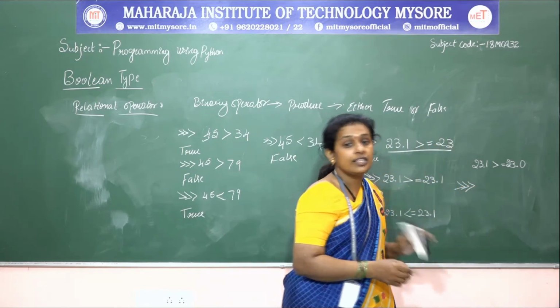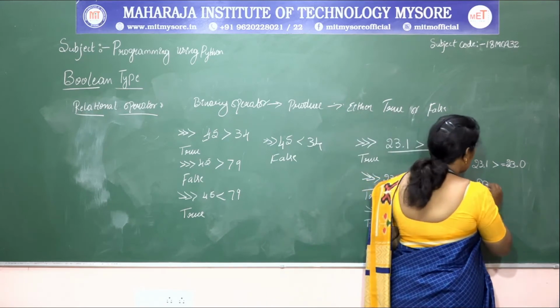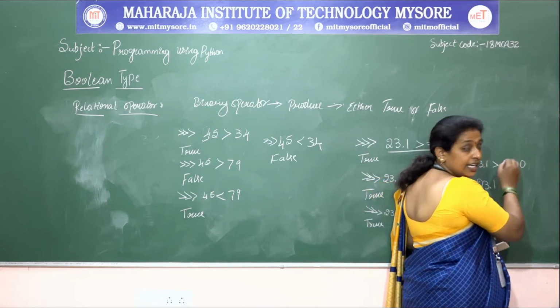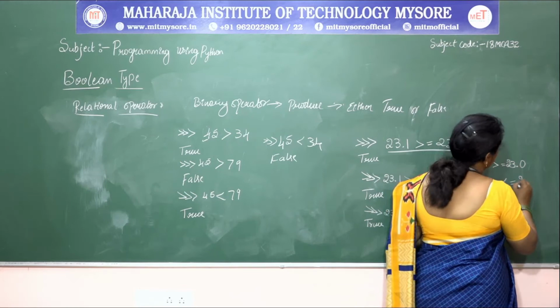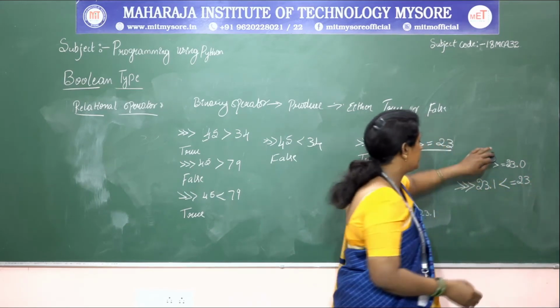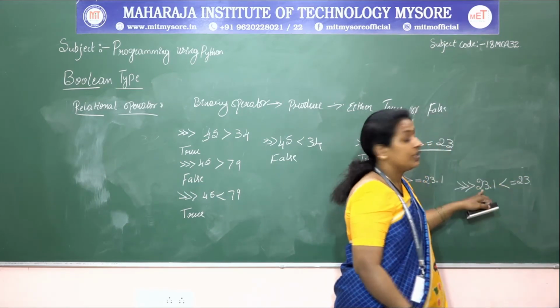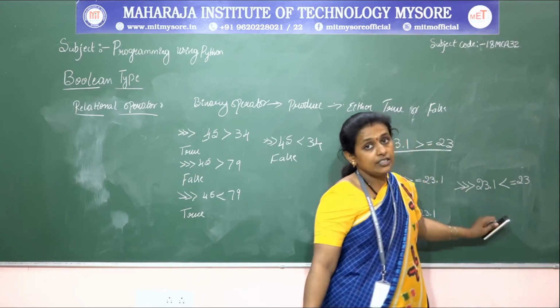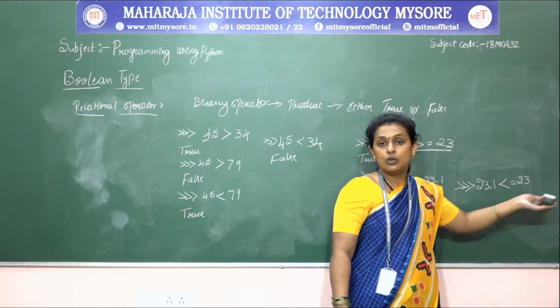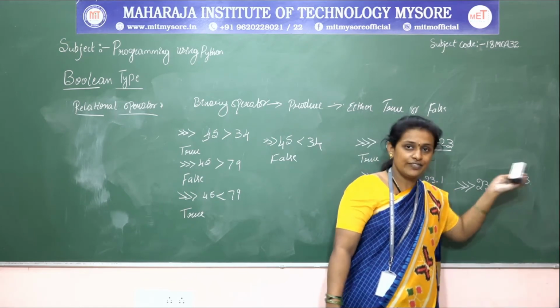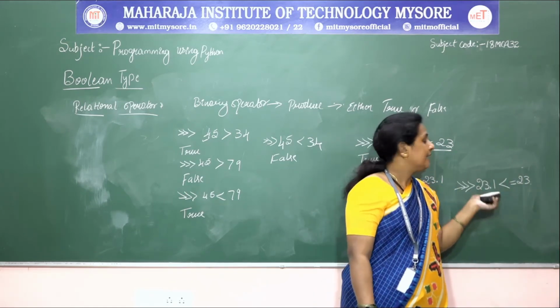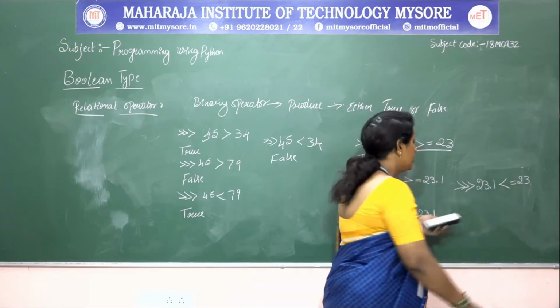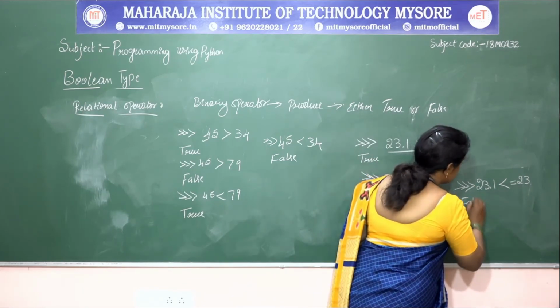Let's go with one more example. 23.1 is less than or equal to 23, right? Once again we are comparing a floating point number to an integer, so the integer value is automatically converted to a floating point number, and when the comparison occurs, you will get the output as false.